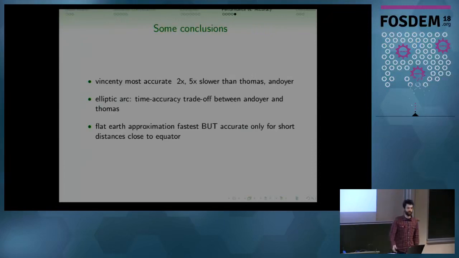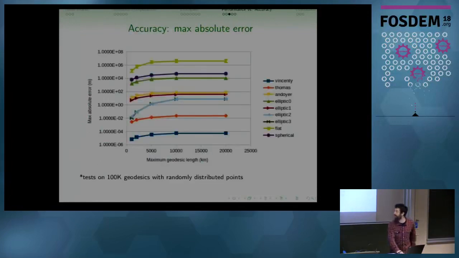But GeographicLib is more accurate. So there is also a trade-off between performance and accuracy. The other interesting thing is that this elliptic arc formula, which as far as I know is not very well known, gives you a trade-off between Andoyer and Thomas regarding accuracy and also speed. So it's the third curve from the bottom. So it's between Andoyer and Thomas.